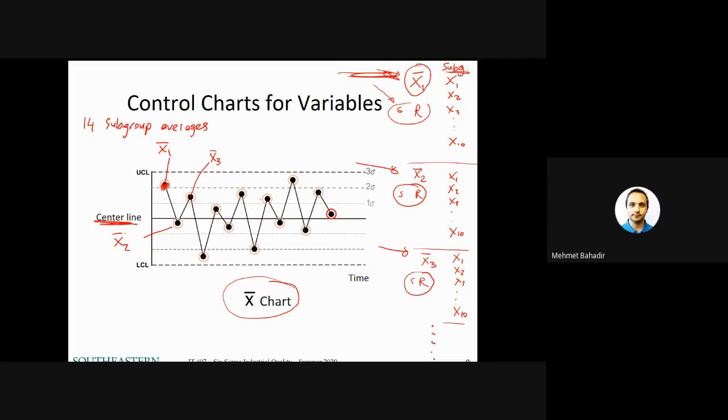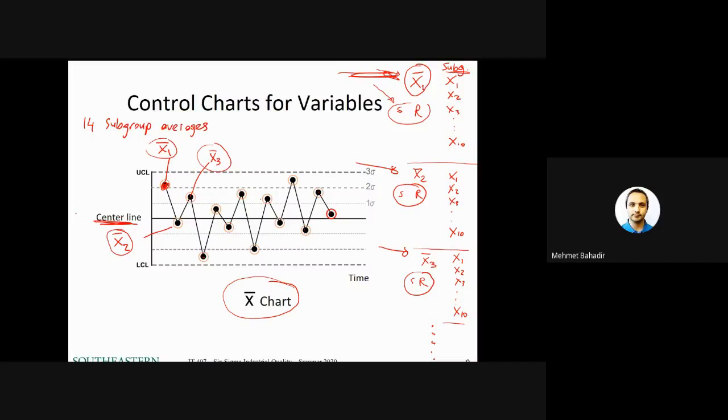So they are the averages of x1 bar, x2 bar, x3 bar, or x4, x5, x6, all of them. So we add all those subgroup averages and divide them by the number of subgroups. And this is going to give you the center line.